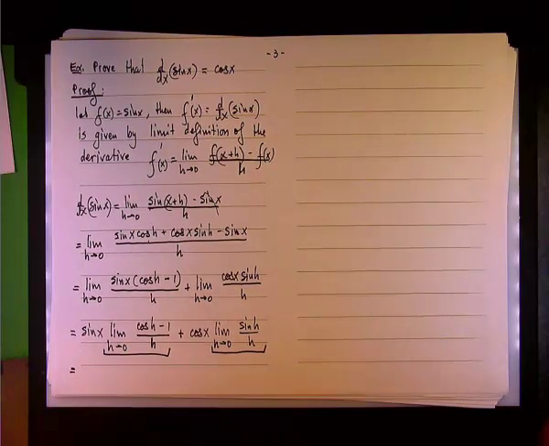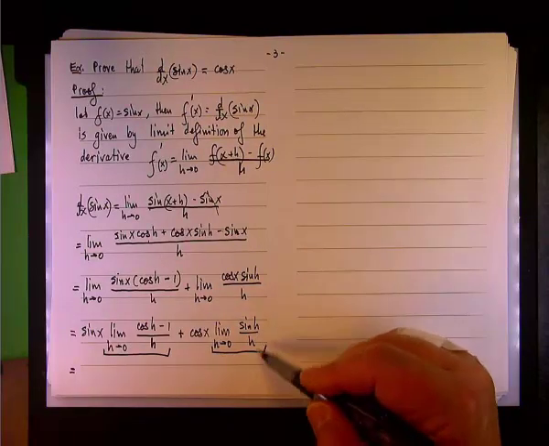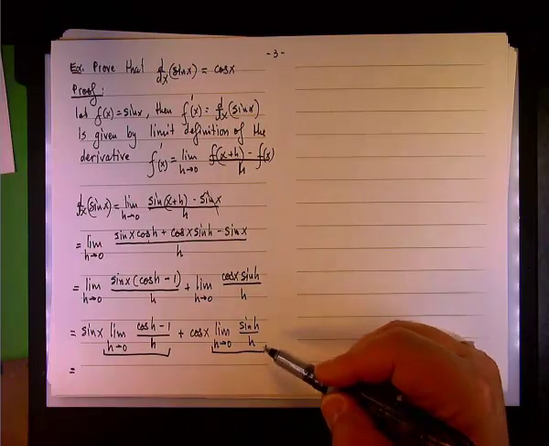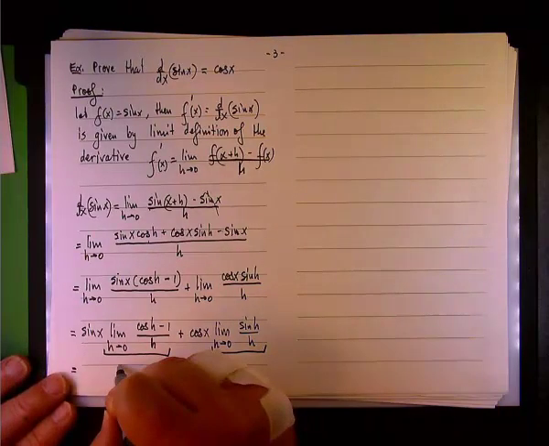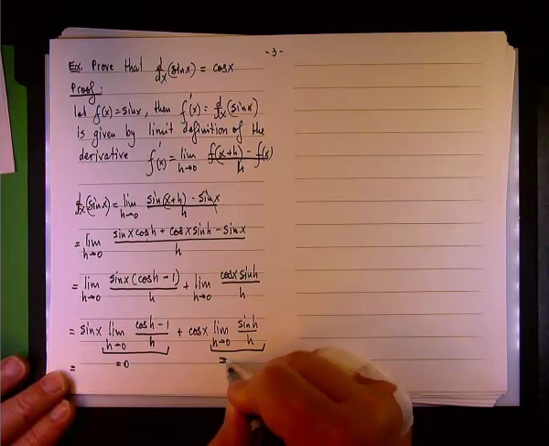At this point, I need to tell you to take things on faith, because there are two limits here, this one and this one, that we know to be true either by graph or by putting values in a table.